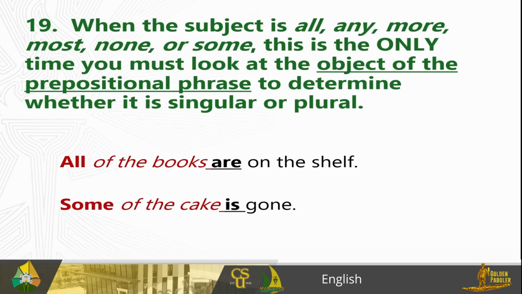When the subject is all, any, more, most, none, or some, this is the only time you must look at the object of the prepositional phrase to determine whether it is singular or plural. Example: all of the books are on the shelf. Some of the cake is gone.